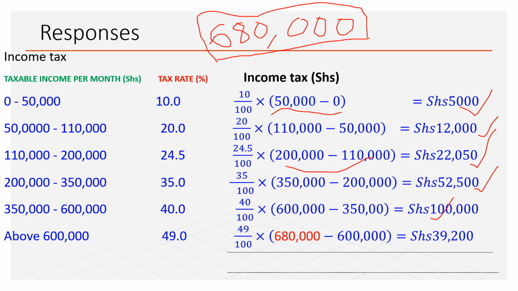Remember, this is the taxable income. In which range of the taxable income given as per the structure do we find 680,000 shillings?